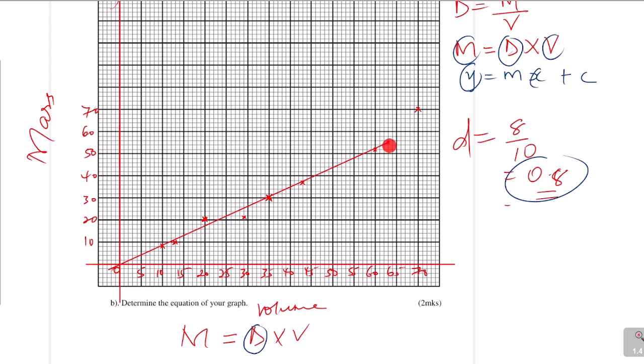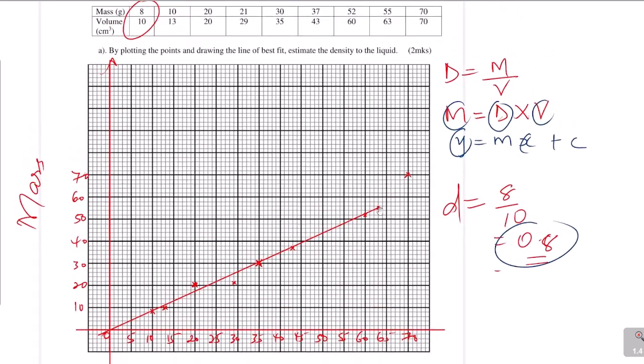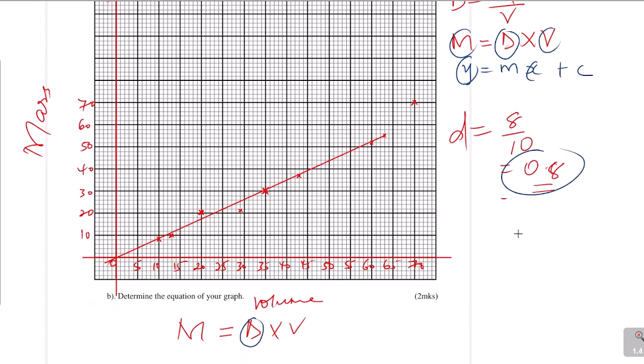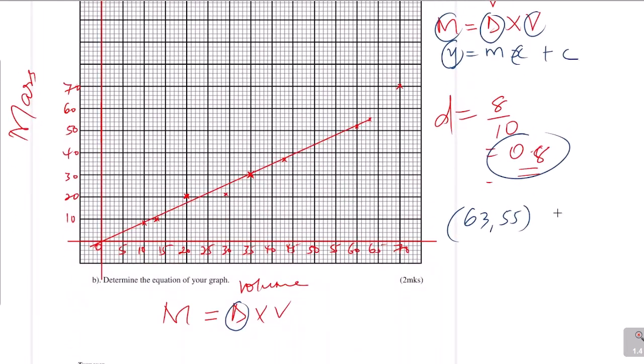So we have the last one here. I can pick the last point to get the gradient. This point is 63, 55. And the first one here is 10, 8. So you can get the gradient.